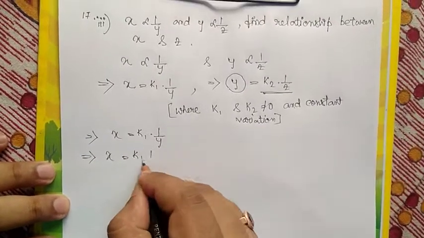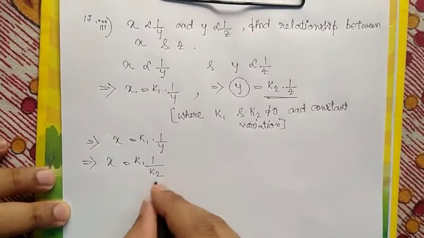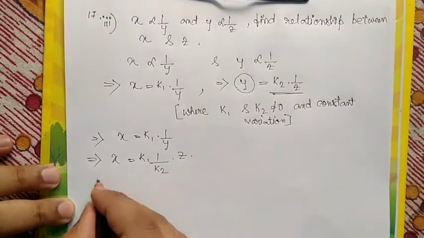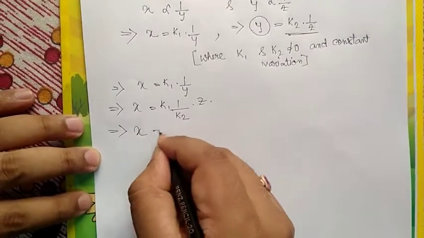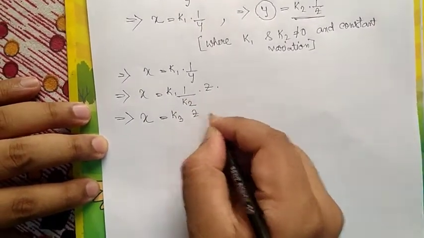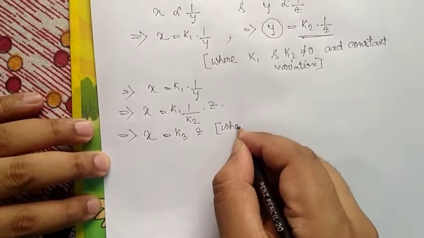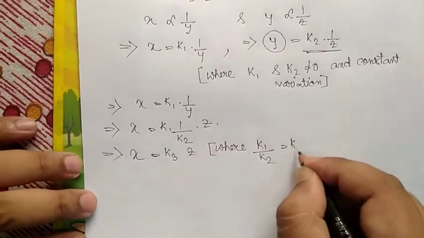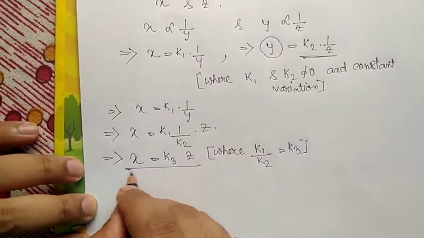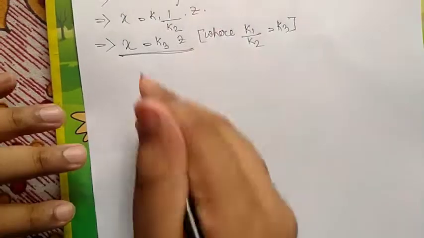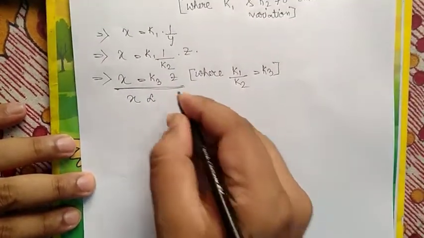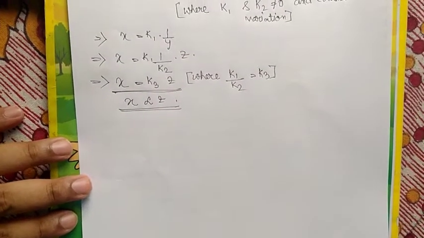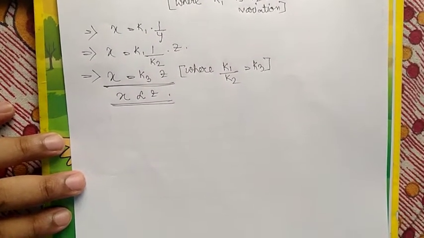So k1 by k2 by z means k2 carries forward to the numerator. So we can write x equals k3 z, where k1 by k2 equals k3. Now this is the form of direct variation, so we can write x varies directly with z. So the relationship between x and z is that x and z are in direct variation.